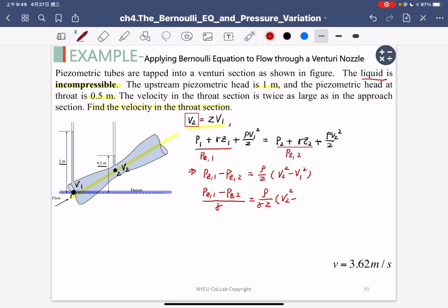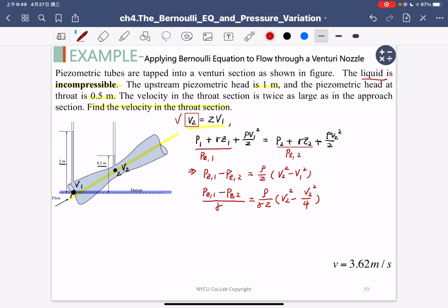Okay, so we know that there is 4 over V2 square, right? Because we follow the equation here and replace V1 by V2 over 2.